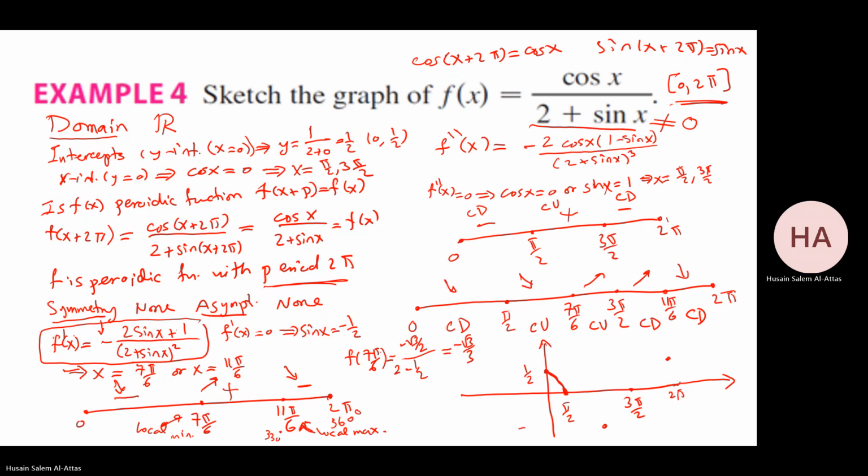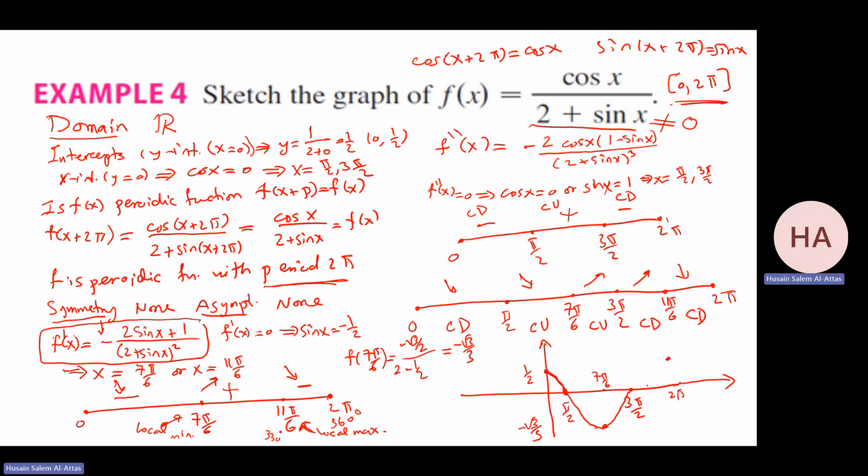That is 7 pi over 6, where the function is going down but it's concave up. Between 7 pi over 6 and 3 pi over 2, it will be increasing and concave up.